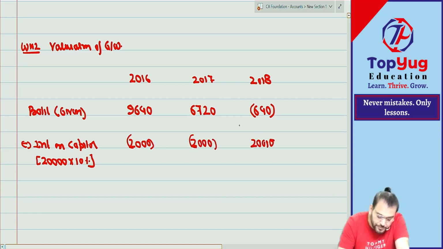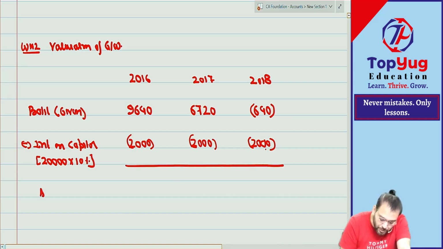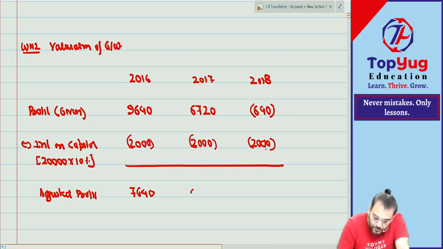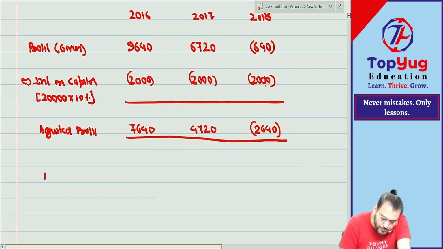Then we'll get the adjusted profit. What is the adjusted profit? 7,640 and 4,720 and 2,640 negative. So there is no trend, so we will take simple average profit. Total profit divided by 3, how much?